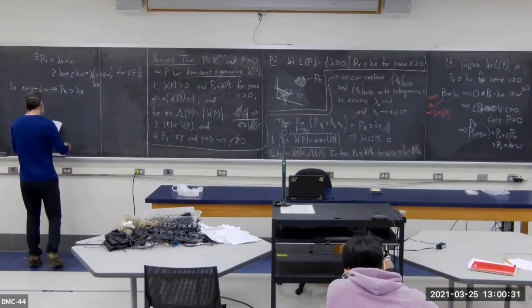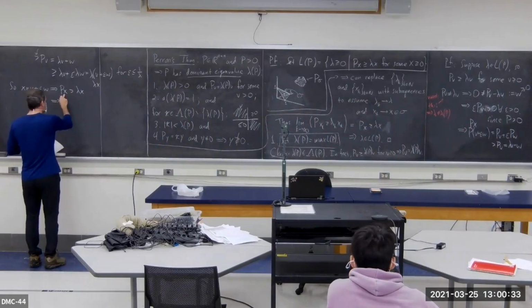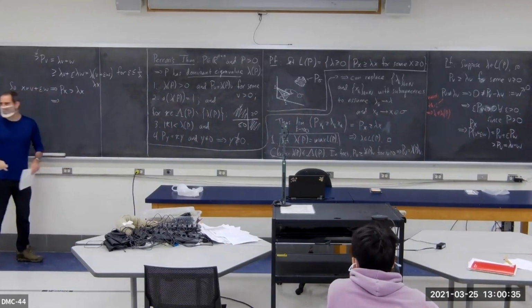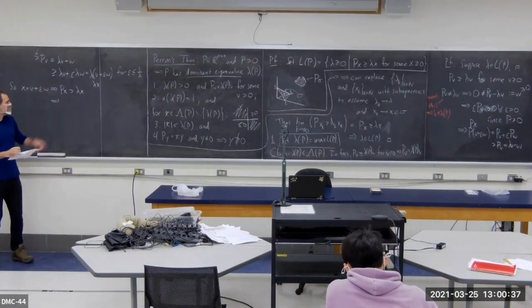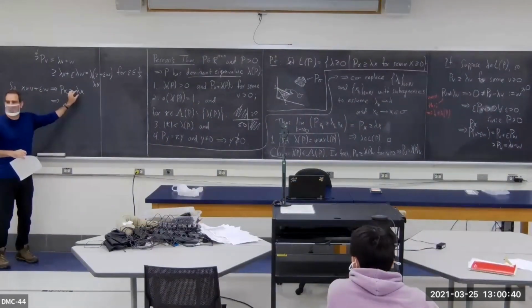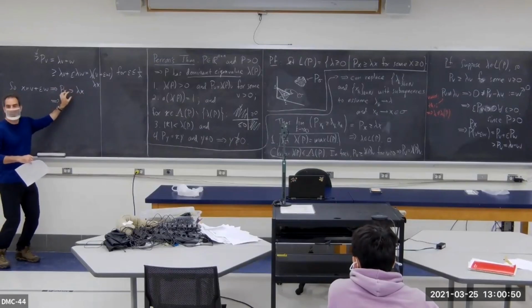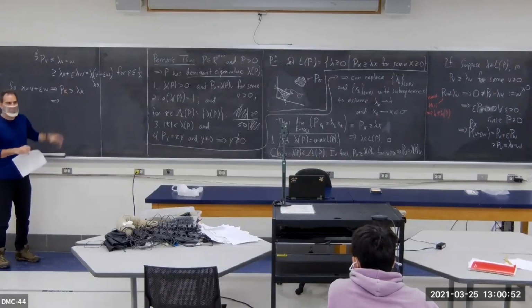Okay, so now you just do something standard. When you have Px is greater than lambda x, that means it's greater than or equal to lambda prime x, where lambda prime is slightly bigger than lambda. The greater than here means coordinate-wise, all of them are greater than, so you can increase lambda by a little bit and it'll still be true.